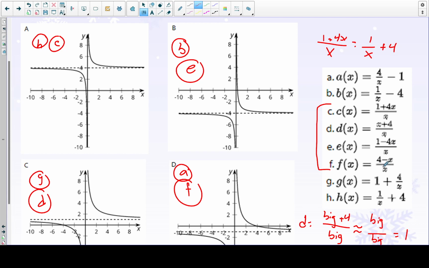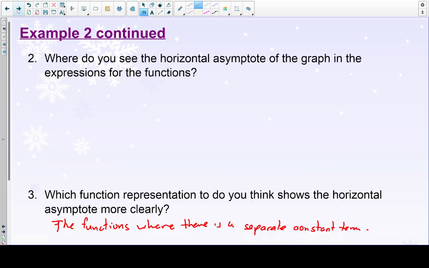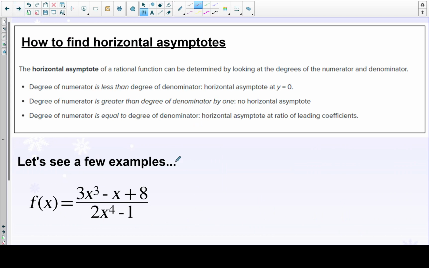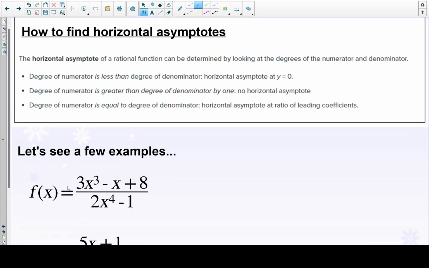So that's going to become important to help us define these. Okay, so here are some rules on horizontal asymptote. If the degree of the numerator is less than the degree of the denominator, you have a horizontal asymptote at 0. Now, why is that?